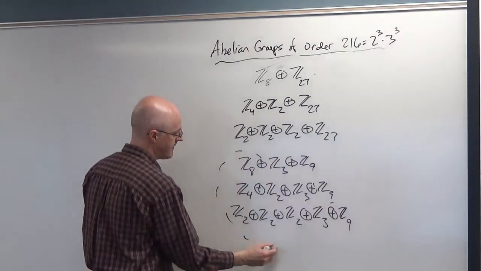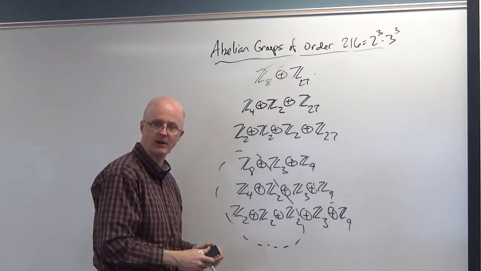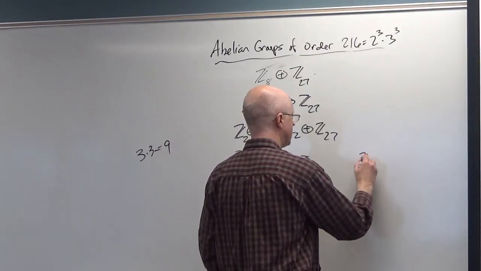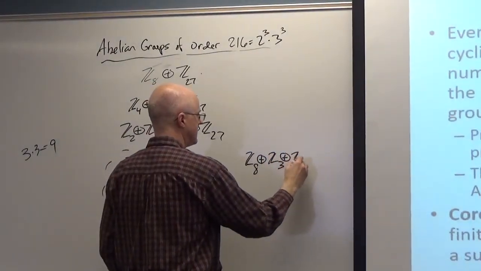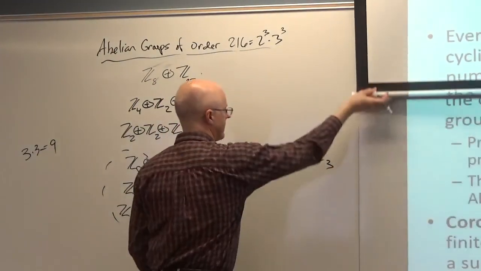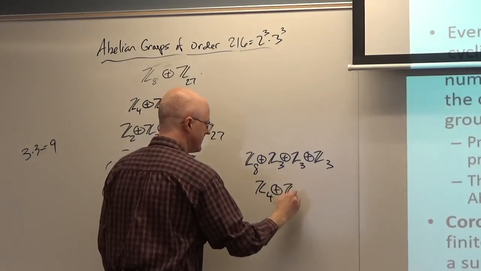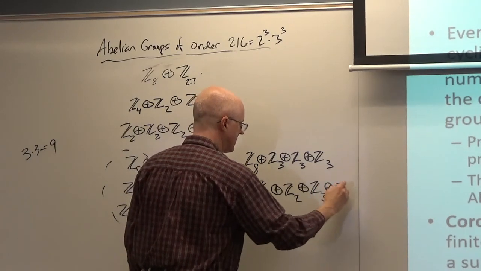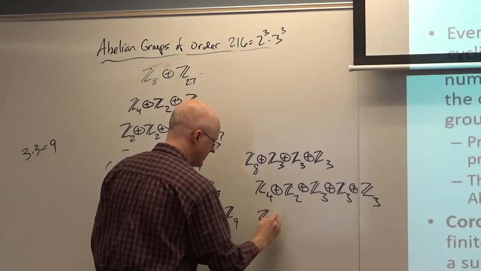Keep this part the same and replace the Z9s with the external direct product of Z3 with itself. 3 more things to write down. That one, this one, and one more, this one.